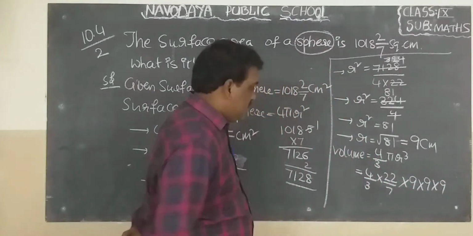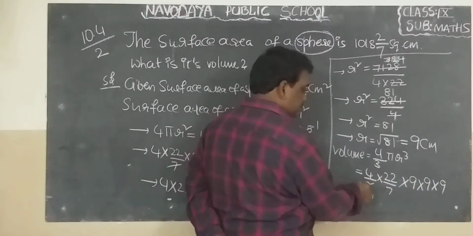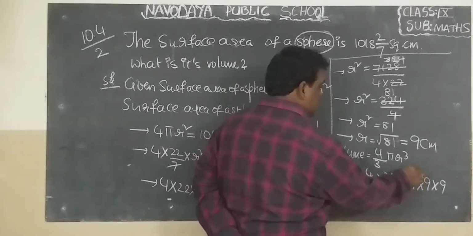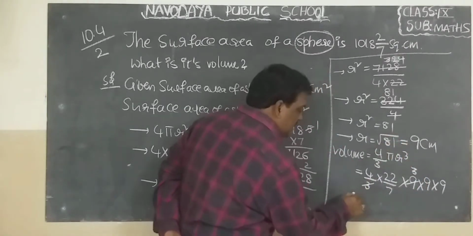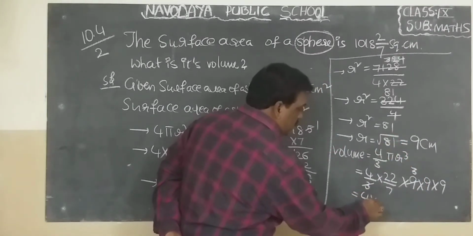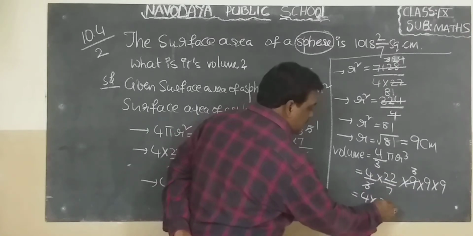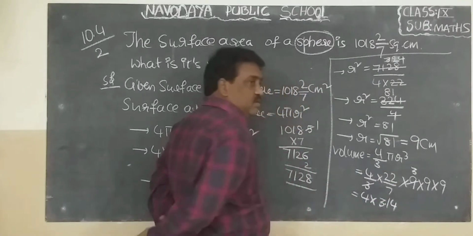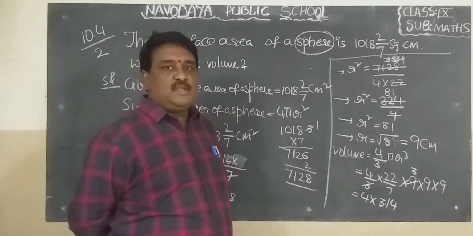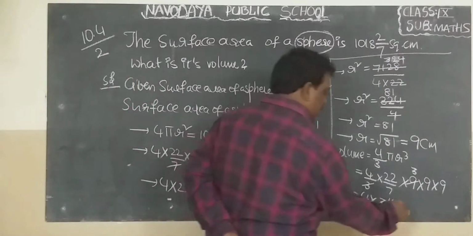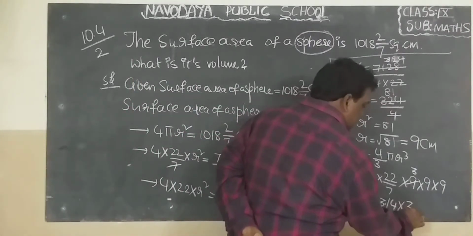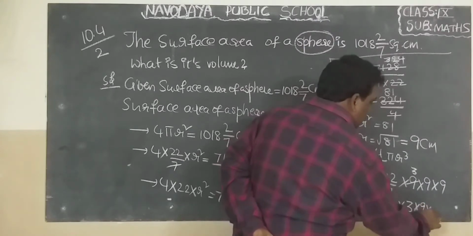Then 3 cancels, 9 cancels 3 times. What is left? 4 into what is 22 by 7? 3.14. 4 into 3.14 into 3 into 9 into 9.